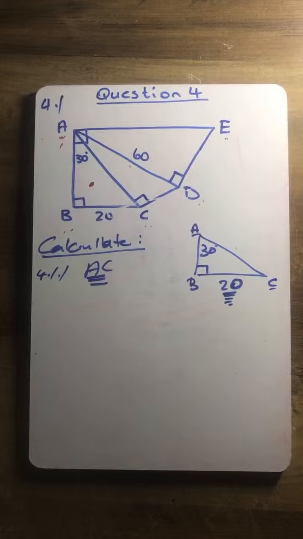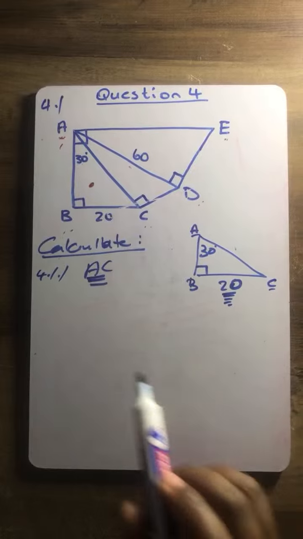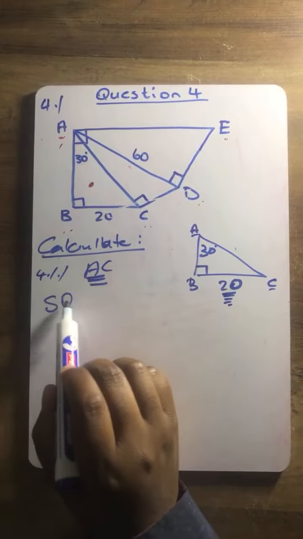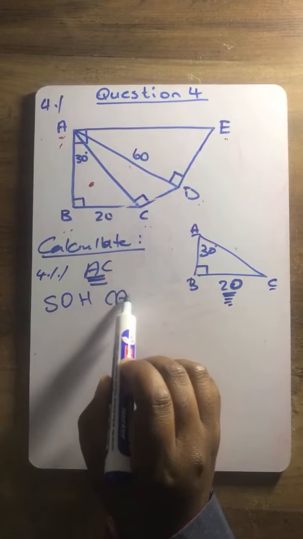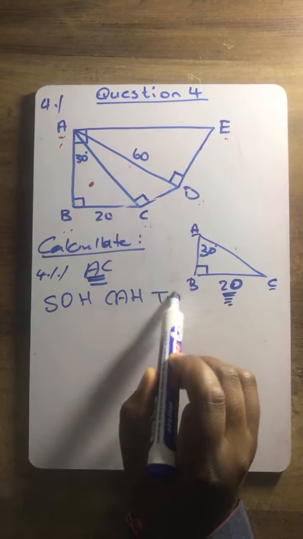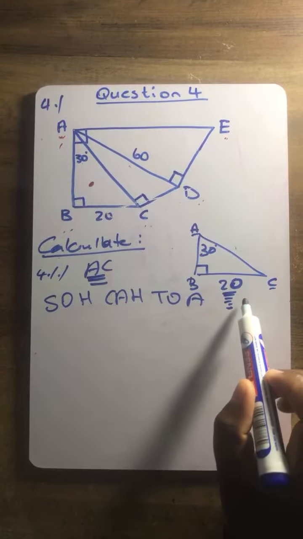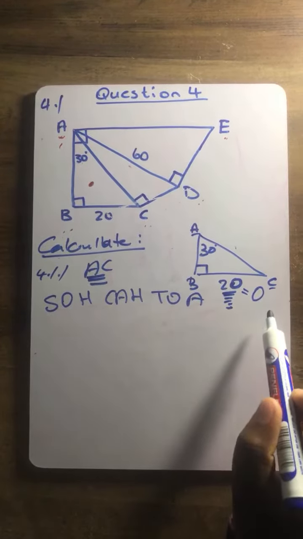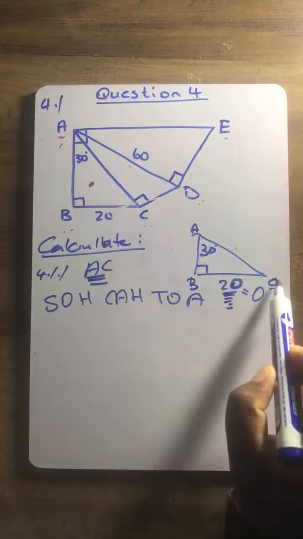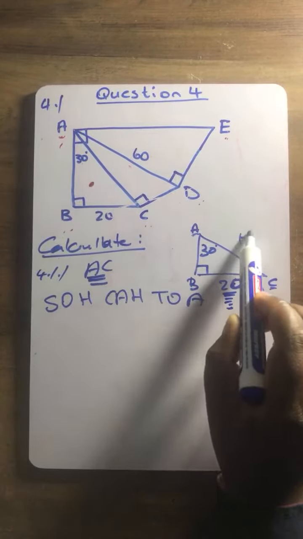I hope you guys are listening very carefully. So let us try to remember our soccer tour and say which side is which. This side, what is the name of that side? That one is our opposite. This AC that we are looking for, it is what? Our hypotenuse.